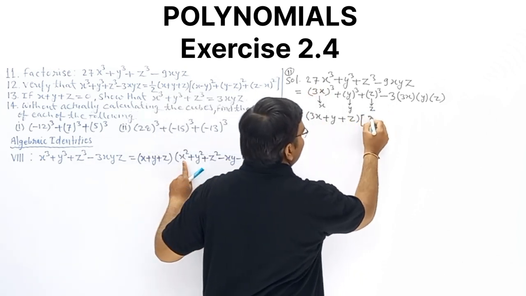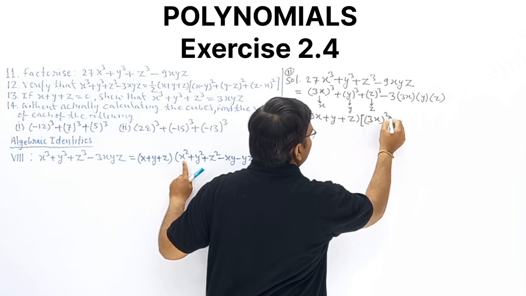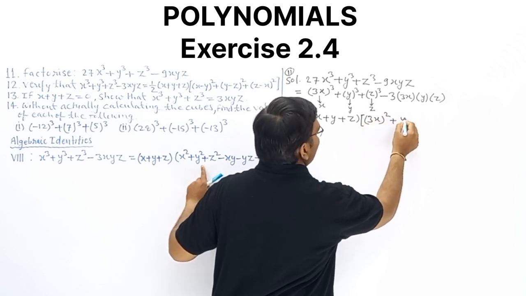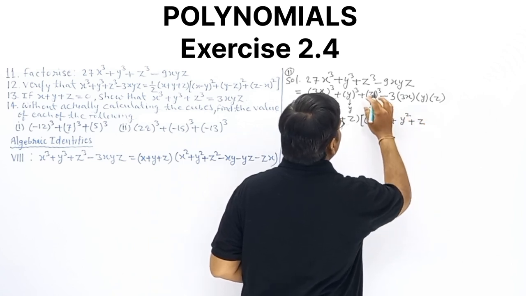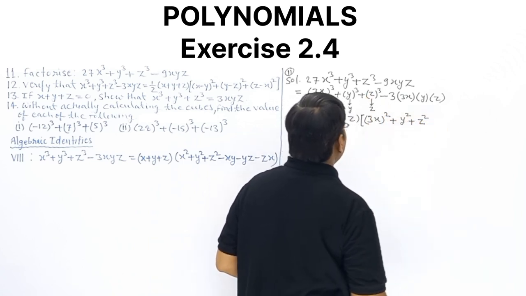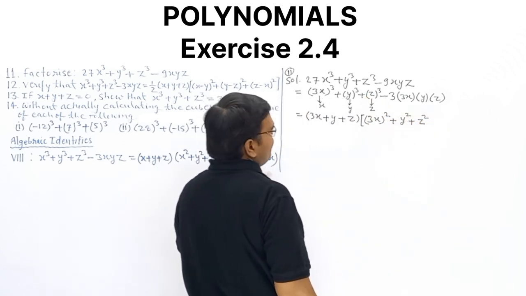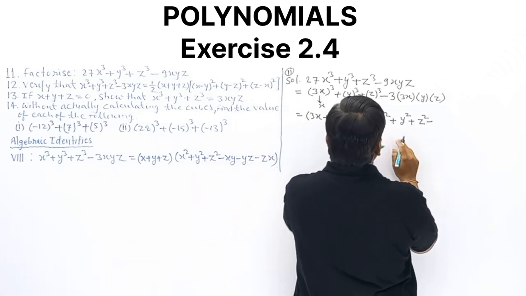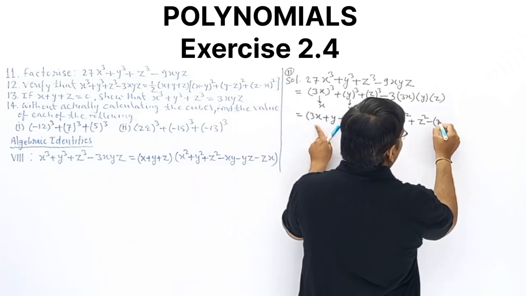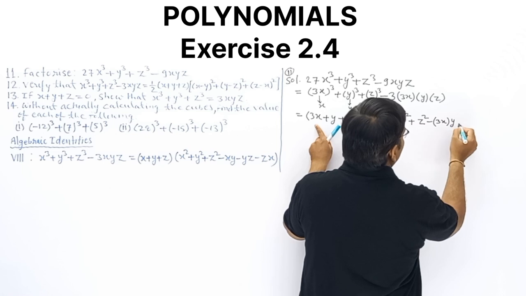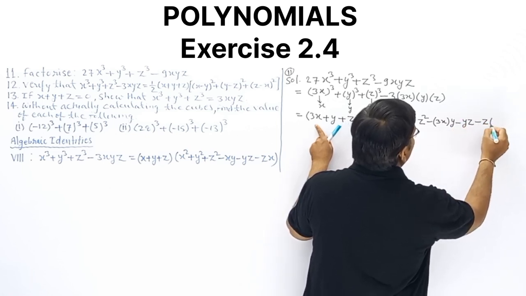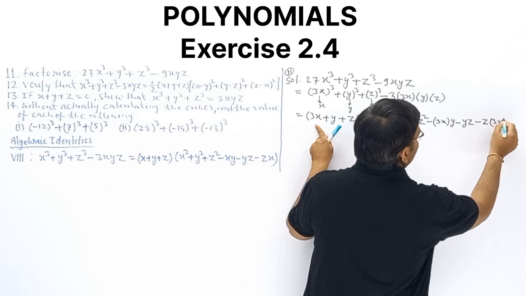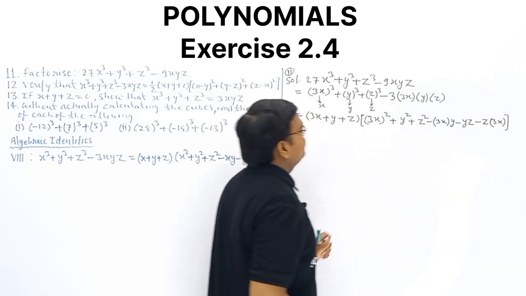X is 3x, so (3x) square plus y square plus z square. Then minus xy, x is 3x, minus xy minus yz minus z into x, x is 3x. Solve this.